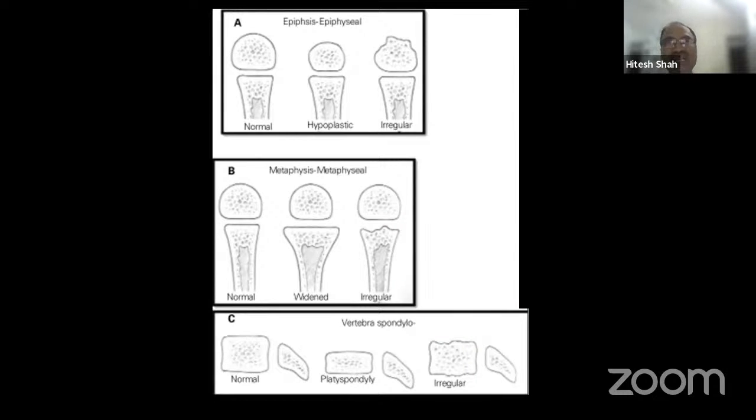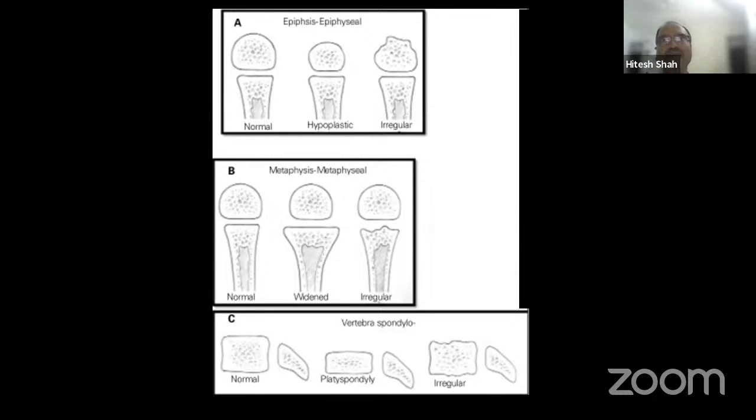Metaphysis very commonly will be confused with rickets. One important point I like to highlight: in case of rickets, there would be metaphyseal osteopenia because of the unmineralized osteoid. In case of skeletal dysplasia, it would be sclerotic. So a very commonly asked question is which type of rickets has a differential diagnosis in skeletal dysplasia.